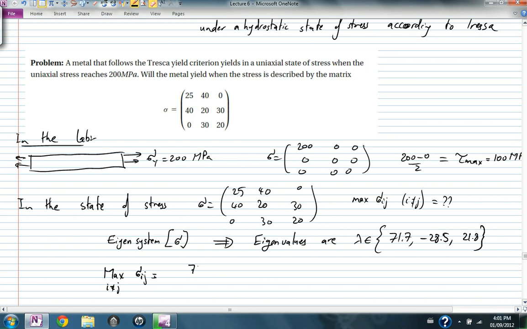The maximum difference is given by 71.7 minus negative 28.5 divided by 2, which is equal to 50.1 MPa.